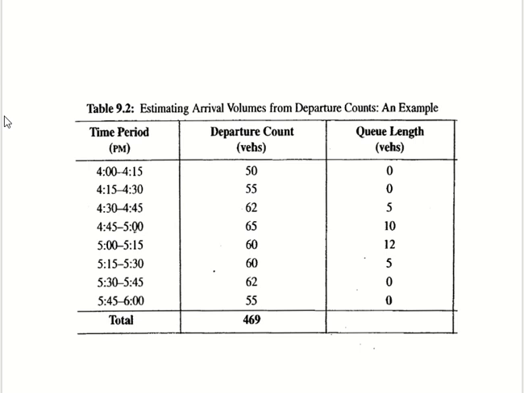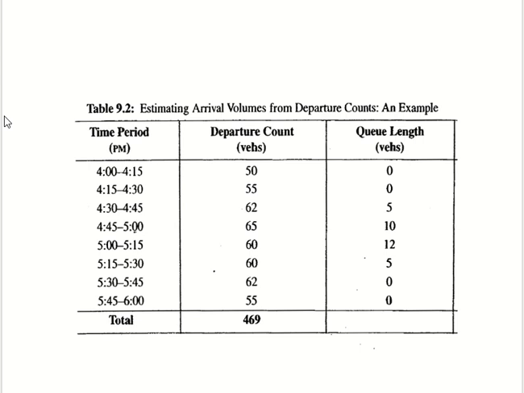Clear? Okay. So then you see the third column is Q, right? And Q is the number of vehicles in the queue. Now if you look at the second column, for example, 50, right? It says 50 vehicles departed. 50 vehicles departed from 4 to 4:15.